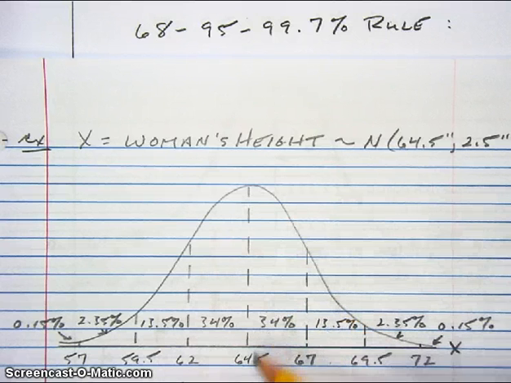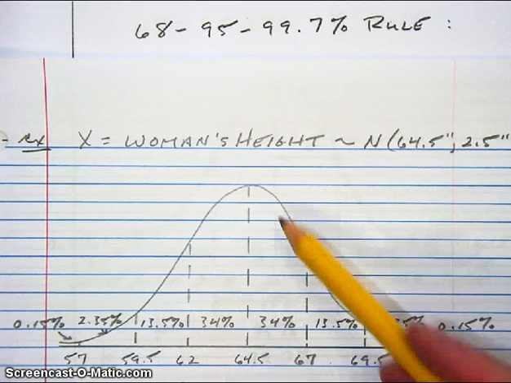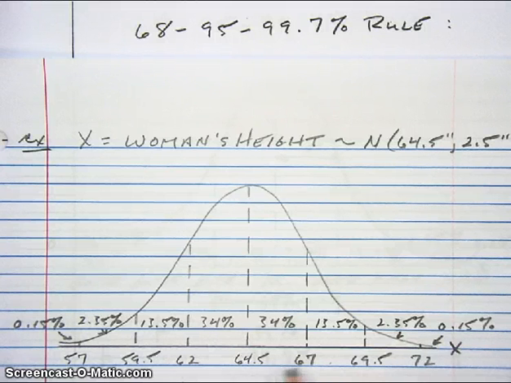I put the mean in, 64.5, that's directly underneath the peak of the curve, and then I went 1 standard deviation to the right, 64.5 plus 2.5 is 67, plus 2.5 again is 69.5, and plus 2.5 again is 72. So I've marked off 1, 2, and 3 standard deviations to the right of the mean. Over here on the left, I went 1 standard deviation to the left and got to 62 inches. 1 more standard deviation takes me out to 59.5 inches, and 1 more standard deviation takes me out to 57 inches.